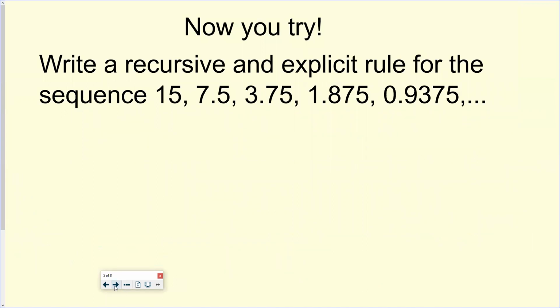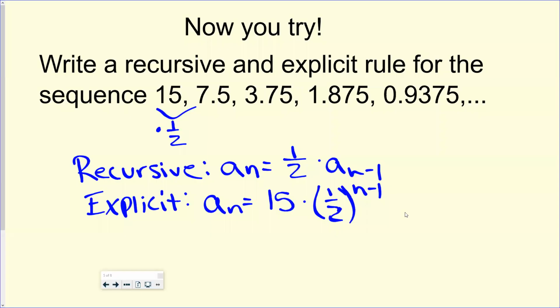All right, so now you guys give it a try with this example here. All right, so these are the two answers that you should have got for your recursive and explicit rule.